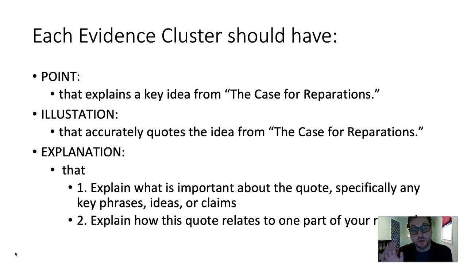The illustration should accurately quote that idea from the case for reparations. The explanation should explain what is important about the quote, specifically any key phrases, ideas, or claims, and explain how this quote relates to one part of the research you did in part 1. So, the evidence clusters should have point, illustration, explanation for both clusters, for both paragraphs.